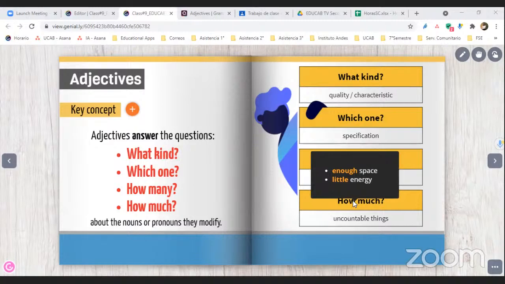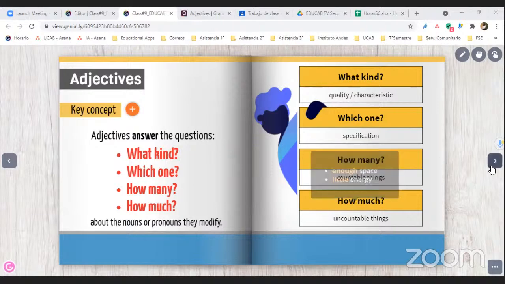For example, I can measure my house to know how big it is, but I cannot say my house is one space. No, because that doesn't mean anything, okay? We need to use adjectives for those things that we can count and for those things that we cannot count. So here we have 2 examples about uncountable things: enough space, okay, enough is suficiente, and little energy.